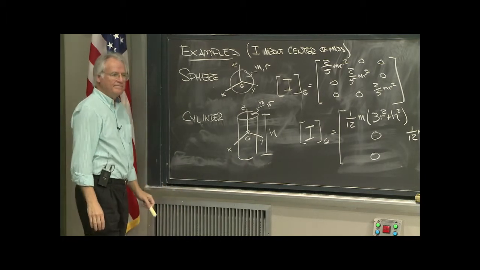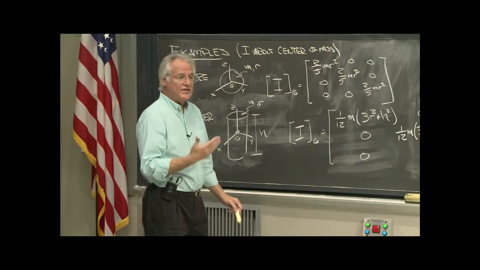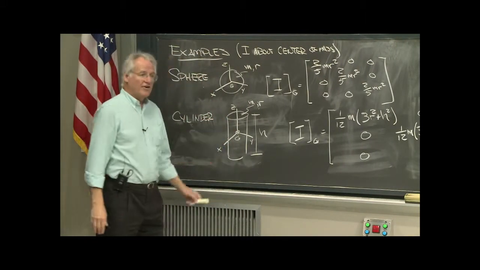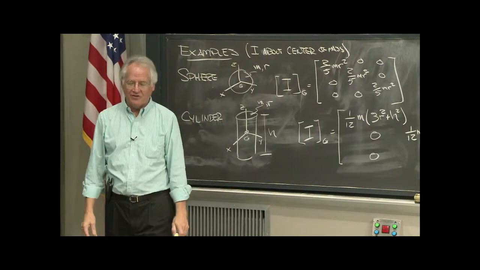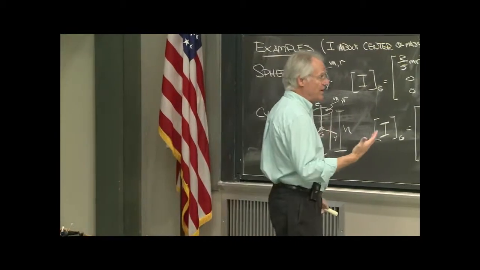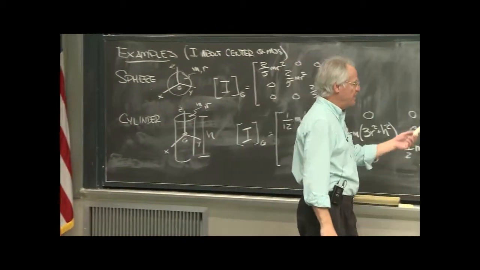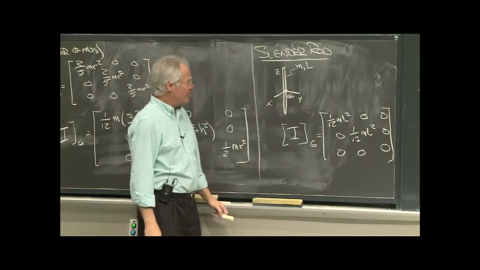Clear enough? So the point is, don't just say a cylinder only has one moment of inertia matrix, okay? You have to be very clear about what the problem designates as the body coordinate system axis choices. Ditto for the slender rod.